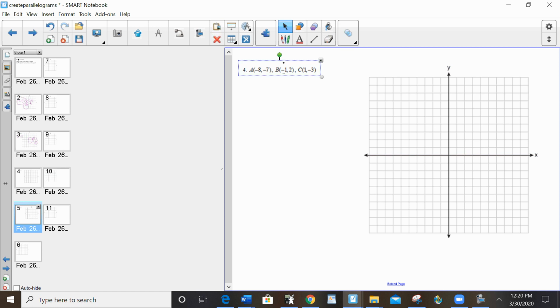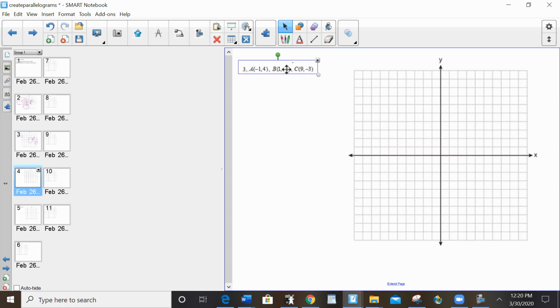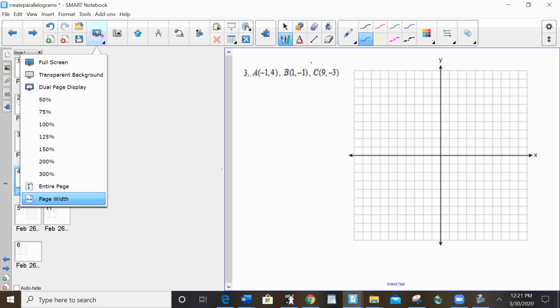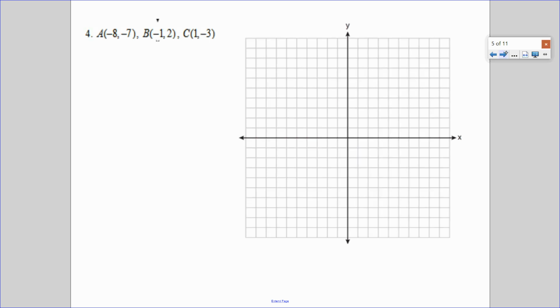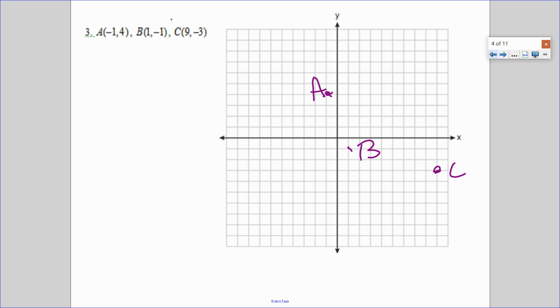You should be trying 3 and 4 on your own in your quadrilateral properties packet. Maybe another minute or so.